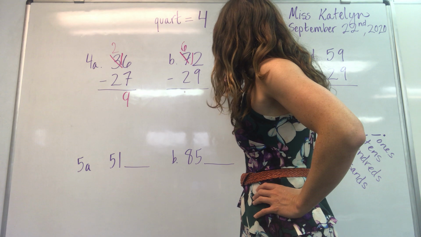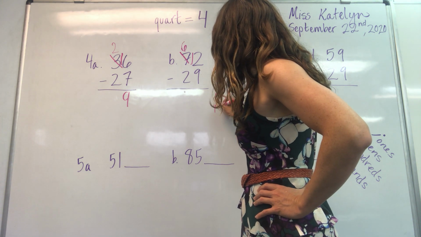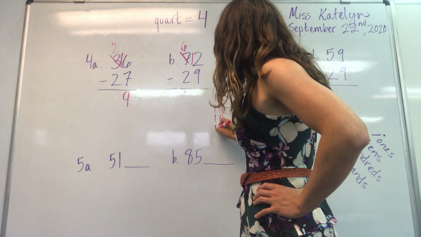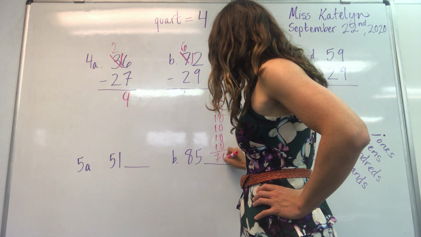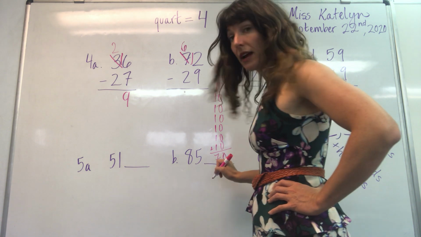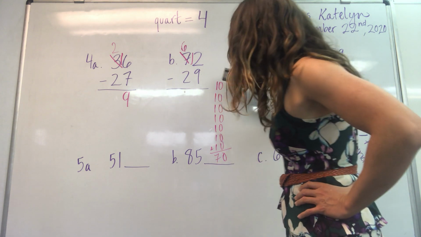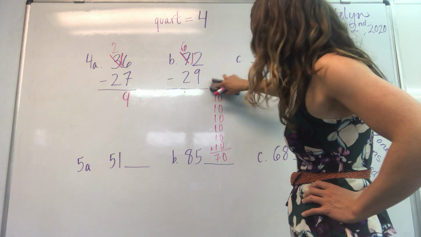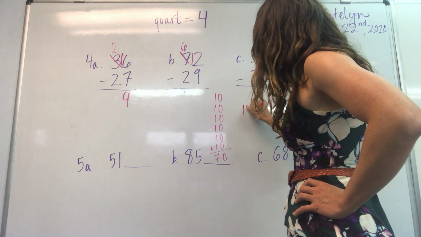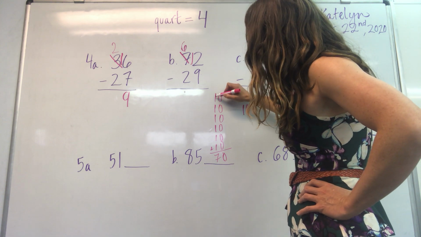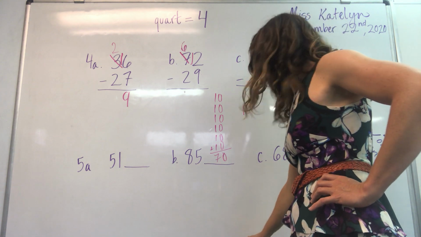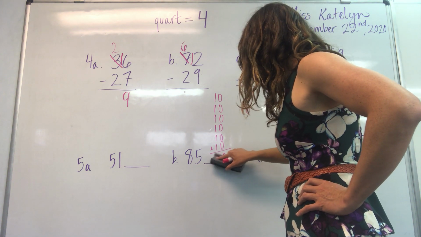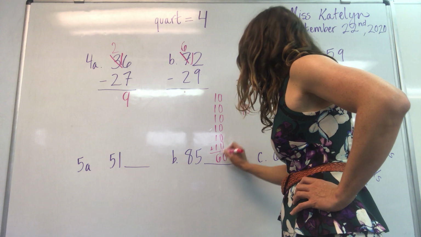Because 10 plus 10 plus 10 plus 10 plus 10 plus 10 plus 10 equals 70, right? So I borrow one of those tens and I move it into a new place. So now I have 1, 2, 3, 4, 5, 6 tens. So I have to change that 7 into a 6.